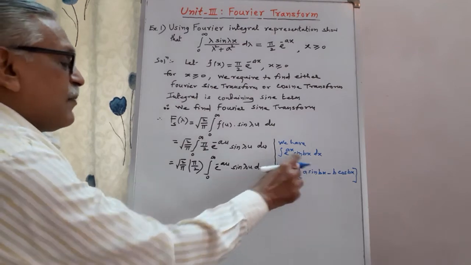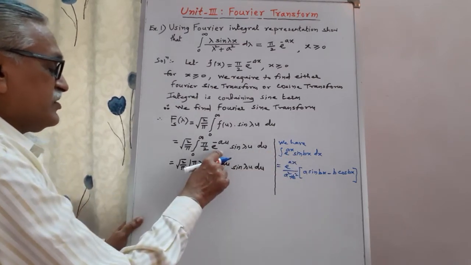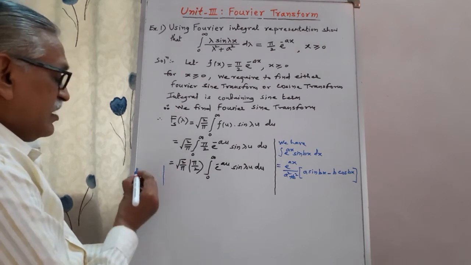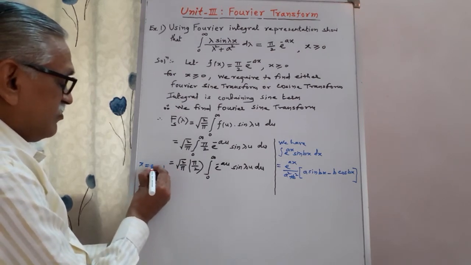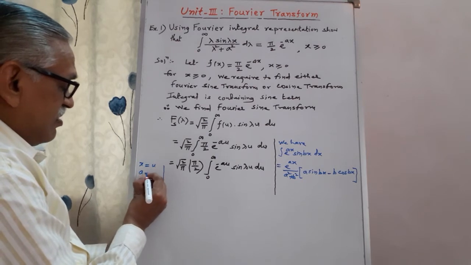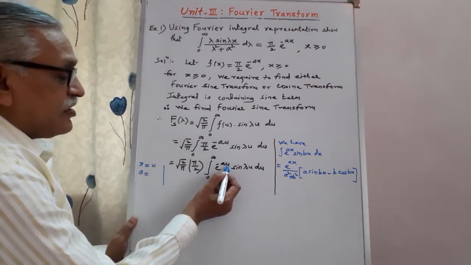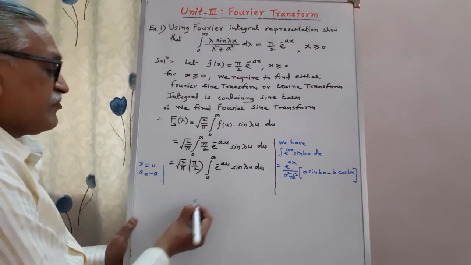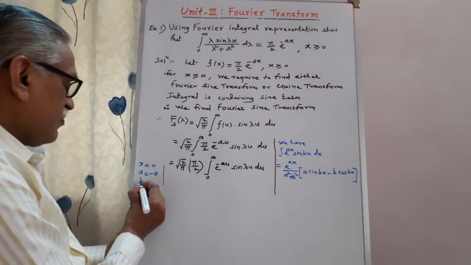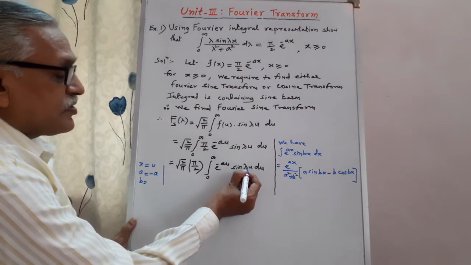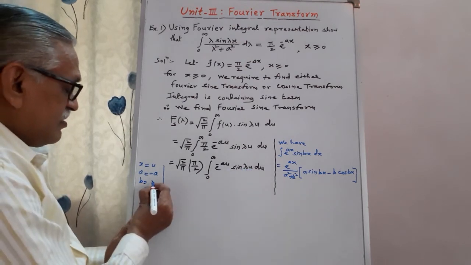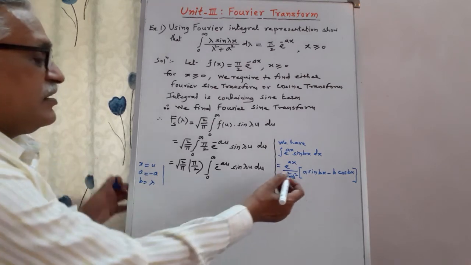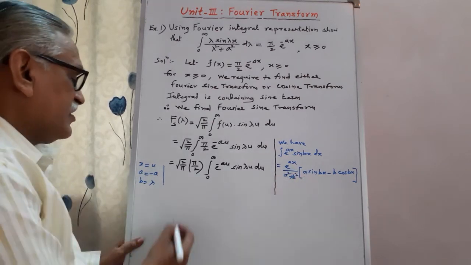To apply this, we have to compare these two results. We get x as u, the coefficient of u here as minus a, and in sine of bx the coefficient of u as lambda. Therefore, these are the values of a and b. Use them in the result.